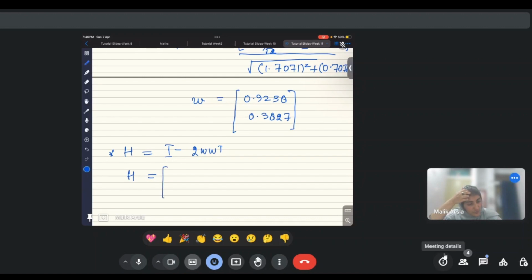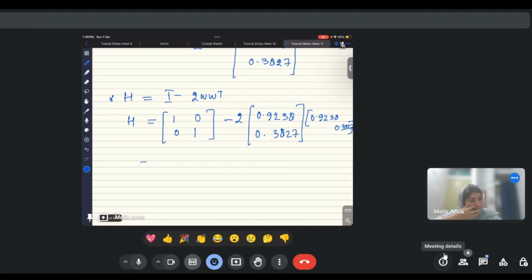It will be a 2 cross 2 matrix: 1 0 0 1 minus 2 into W, which is 0.9238, 0.3827, into 0.9238 and 0.3827. Quickly calculate this and tell me what you are getting.